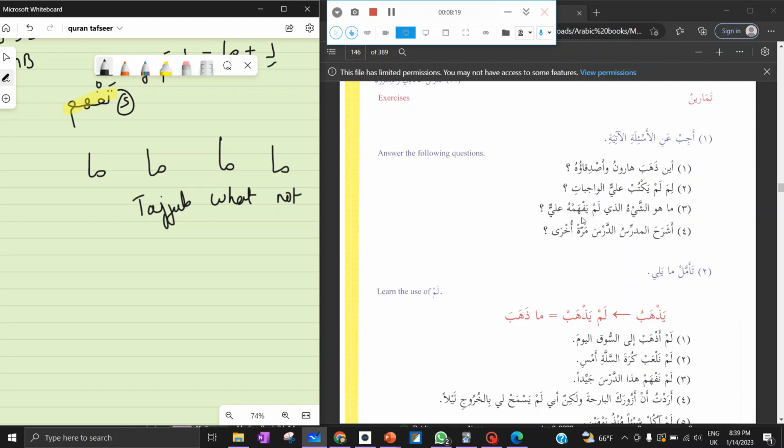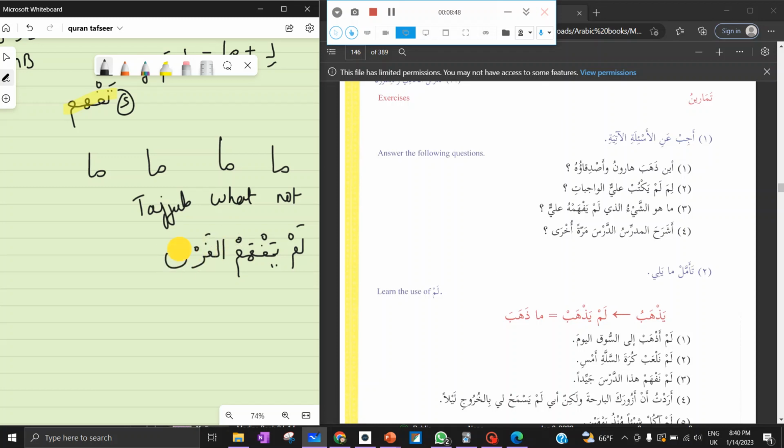Lam yafhamhu aliyun. What was the thing that Ali did not understand? So your answer will be lam yafham. What he did not understand? Lam yafham. Yafham with a sukoon. He did not understand al-farqa. Al-farqa.